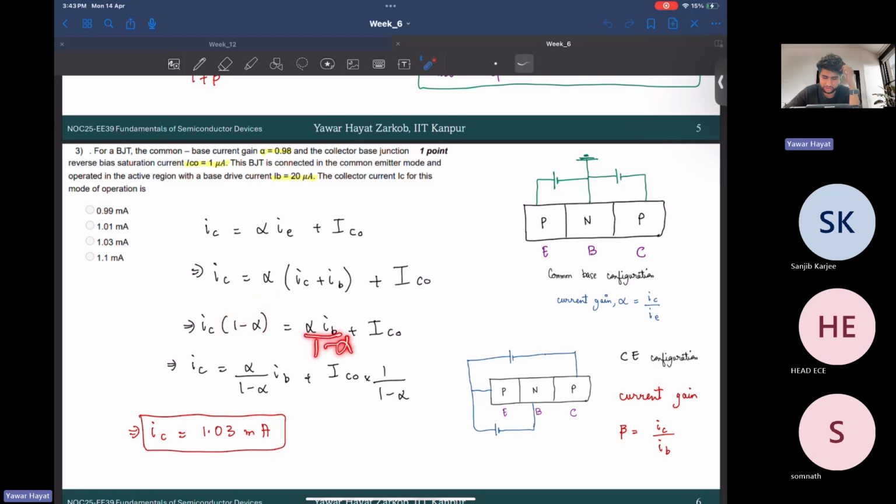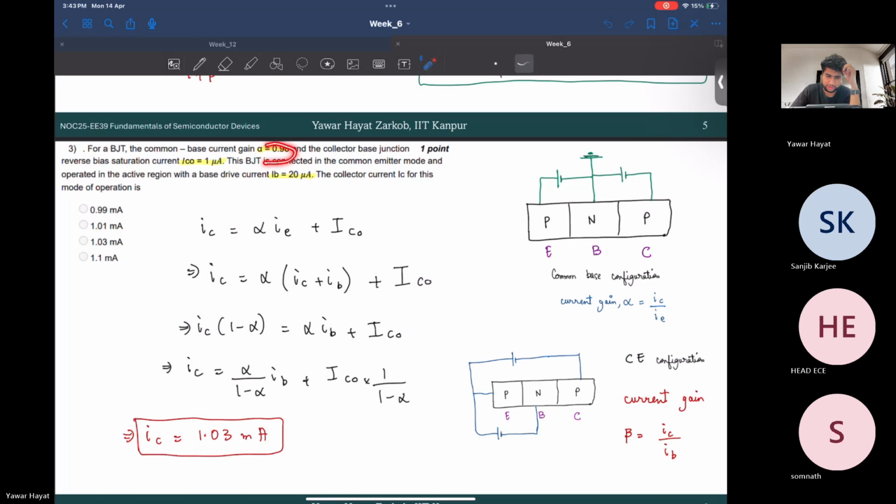That is what I wrote, right? Then we just substitute. Alpha is 0.98, IB is 20 microamps. We get the collector current as 1.03 milliamps. Is that fine?